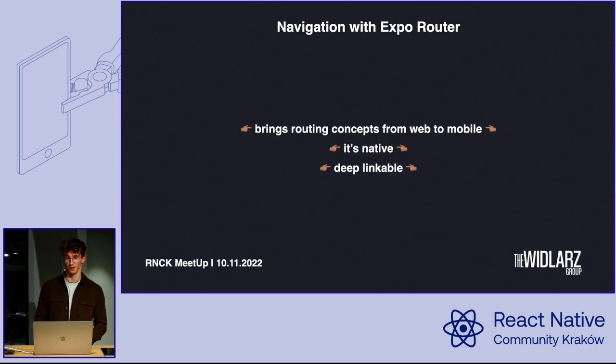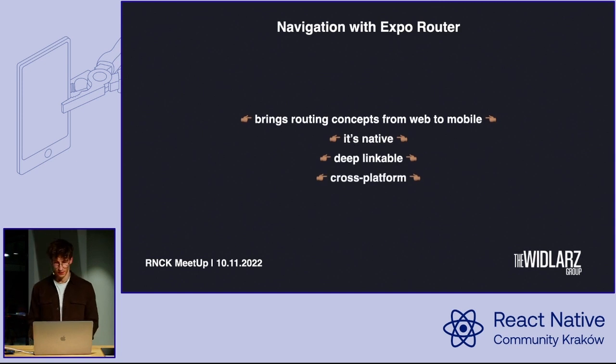And by that, I mean that some stuff the library can do automatically. You don't have to manually assign certain screens to paths. So if you want to set up deep linking, you only have to take care of your scheme, but the screens will be automatically assigned a certain path.